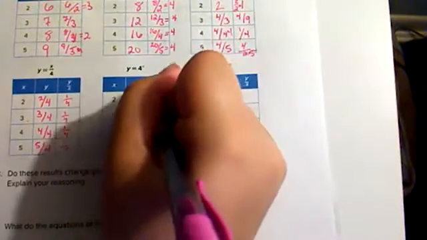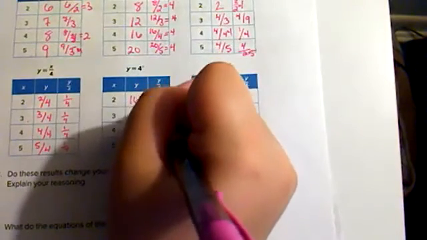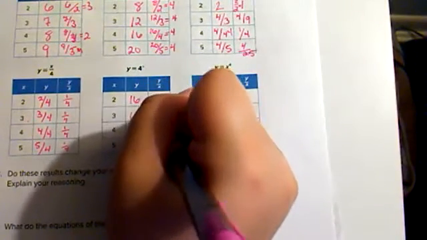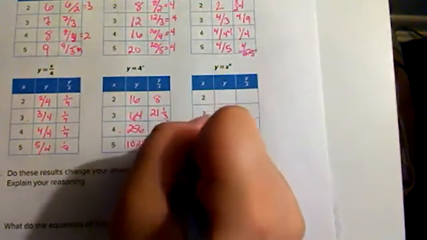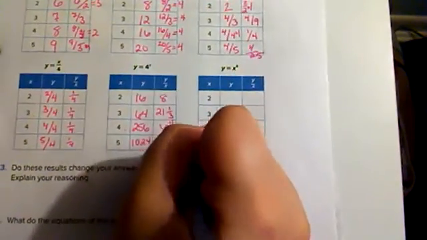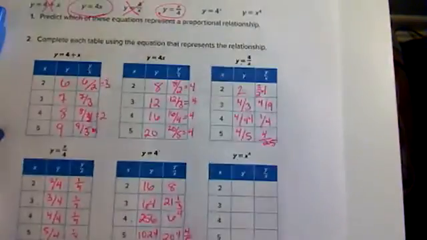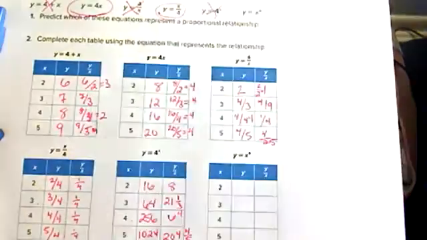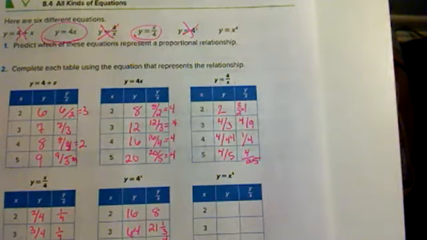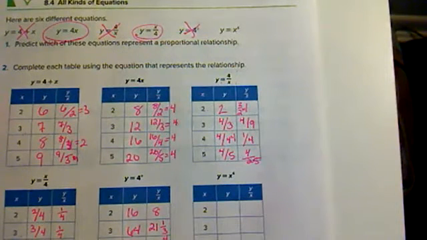And we would have 8, 21 1/3, 64, 204 and 4/5. And it doesn't follow the pattern like this one does or this one does. So this one would not be a proportional relationship. So if it's got a square or to the power of something like that next to it after the constant, it's probably not going to be a proportional relationship.